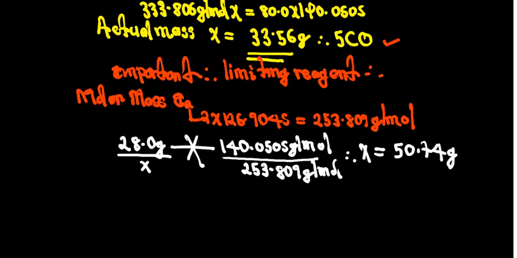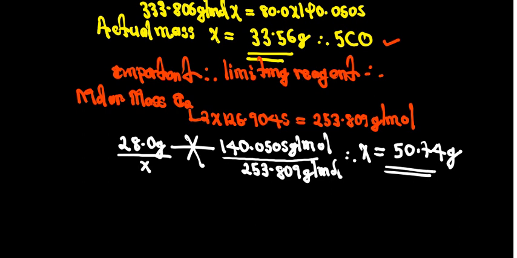So yeah, that is how you're supposed to find the mass of the iodine that was produced in this chemical reaction. It is not much of a complex step. These are not complex steps. These are baby steps, I would say.